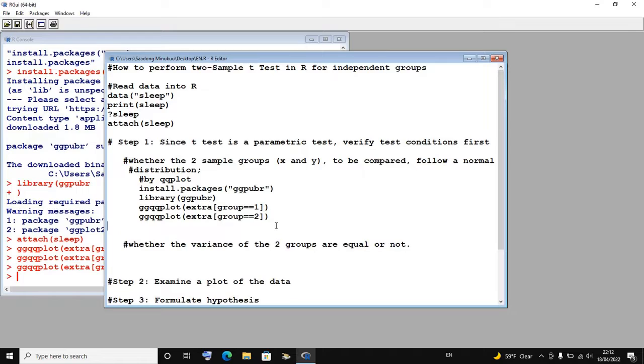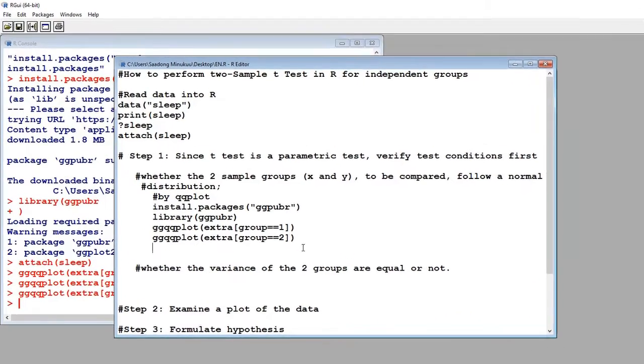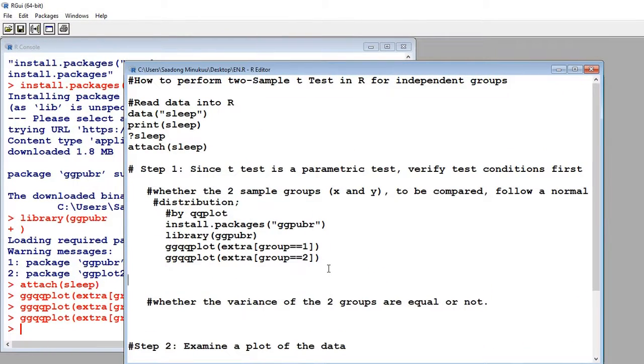To do the Shapiro-Wilk test, you need a package called car, C-A-R. So let's install the package now. We've done the QQ plot. Now let's look at the second method, which is the Shapiro-Wilk test of normality.